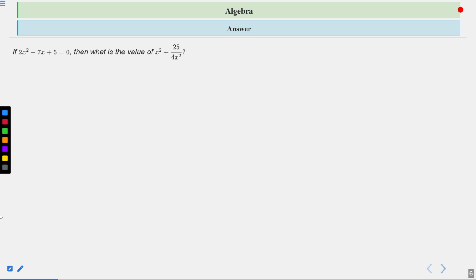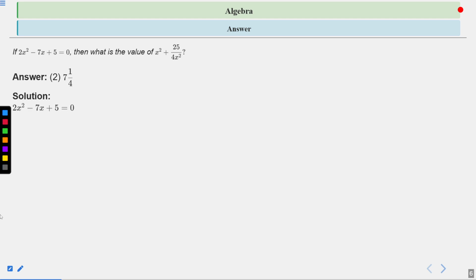We can write 25 upon 4x square as (5 upon 2x) whole square. So we simplify it. The correct answer of this question is the second one, which is 7 and 1 by 4. Now see the detailed solution of this question.